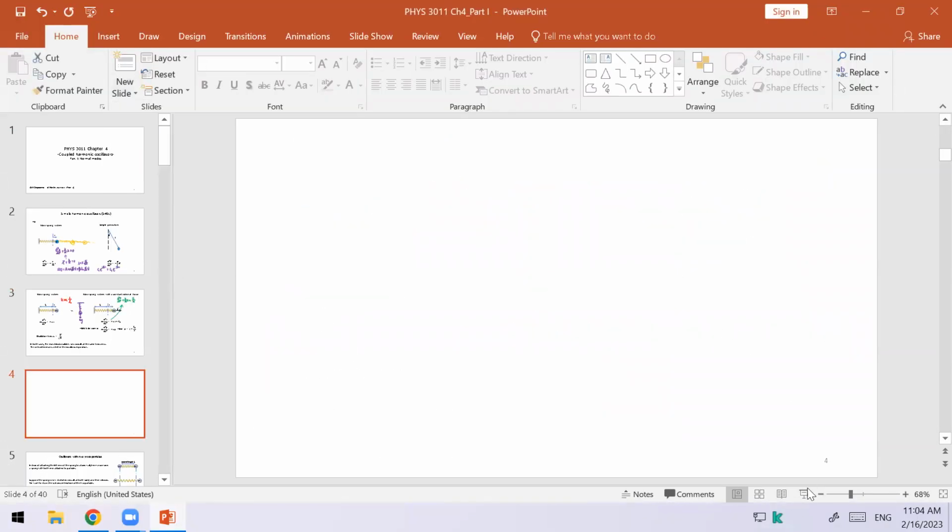So I'm considering two different situations. The first one is that I have a spring that has a natural length of L0. And then I have another case where I have a spring of natural length 2L0.